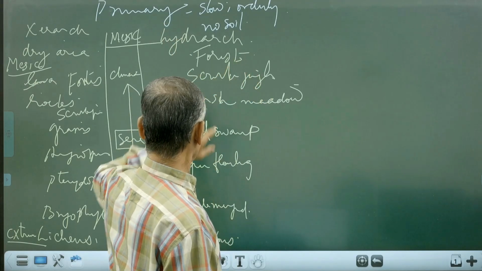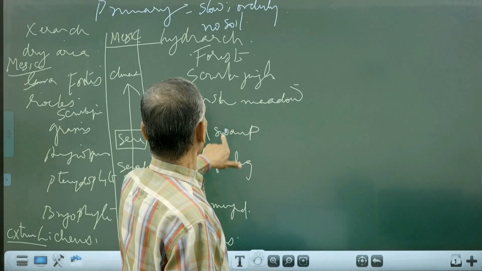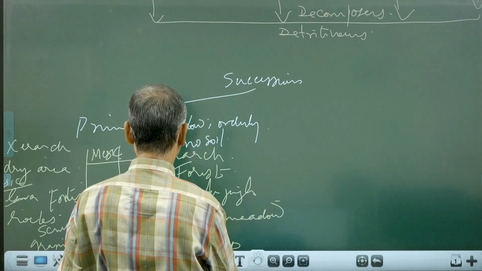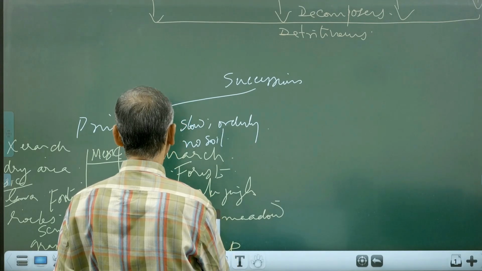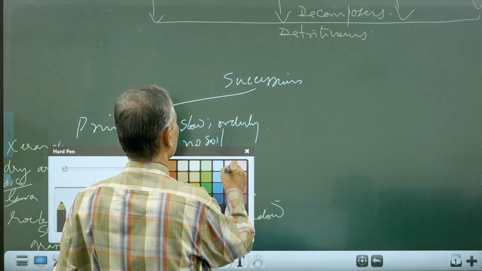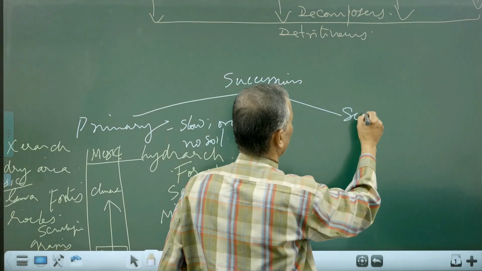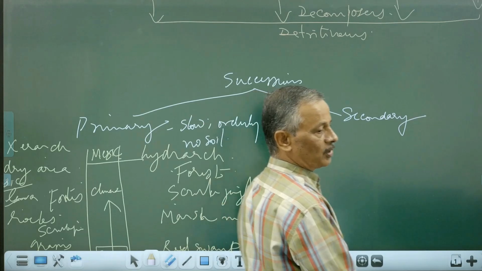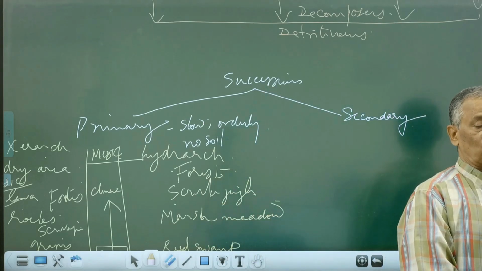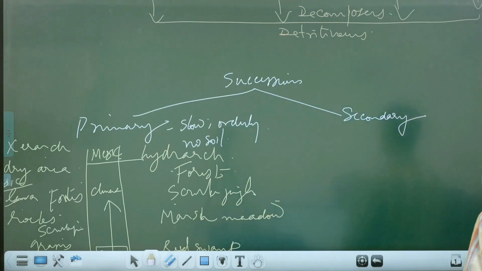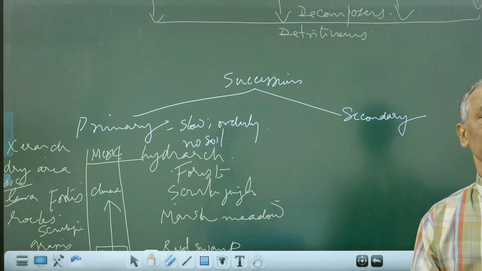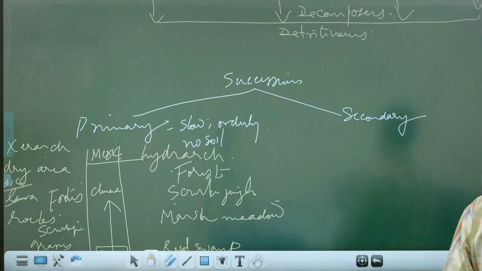Now, what about the secondary succession? Secondary succession is succession that is occurring in a place where there was life earlier. It is secondary. So, for example, a forest that was being cleared or it has been destroyed by forest fire or a farmland that has been abandoned.